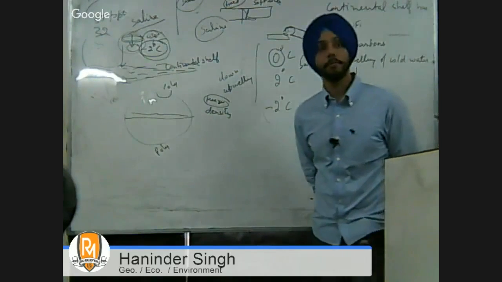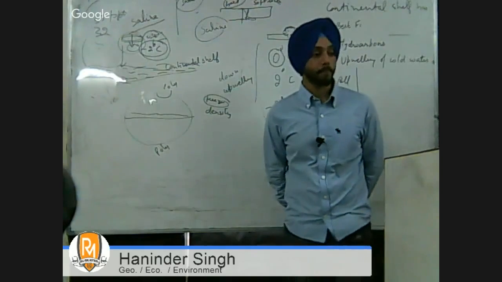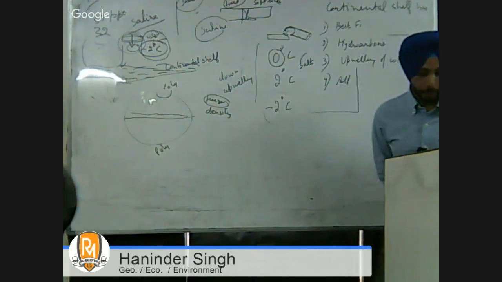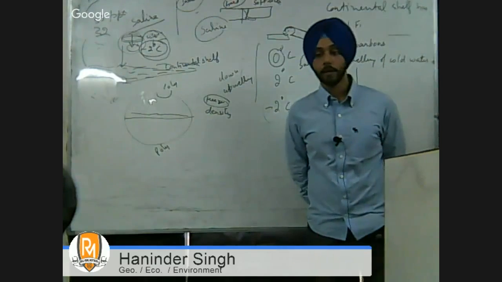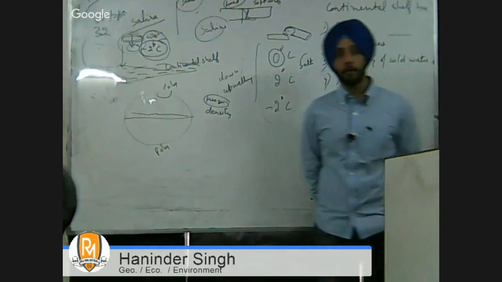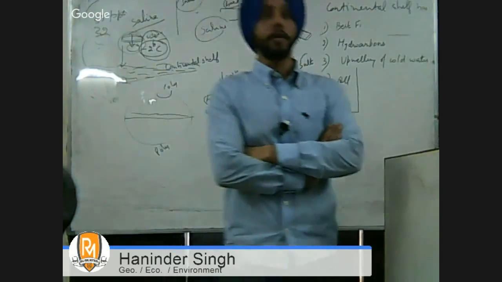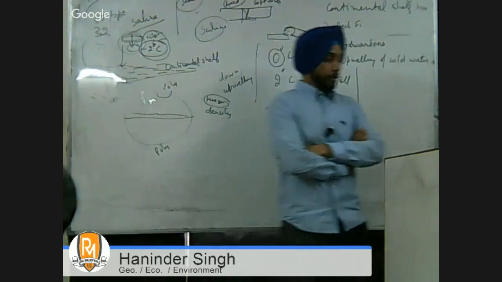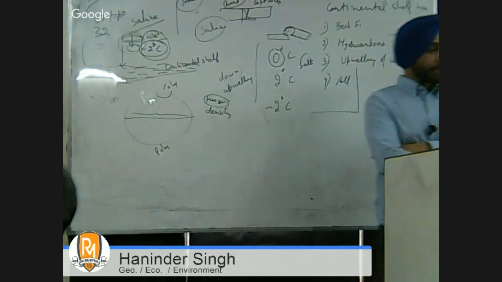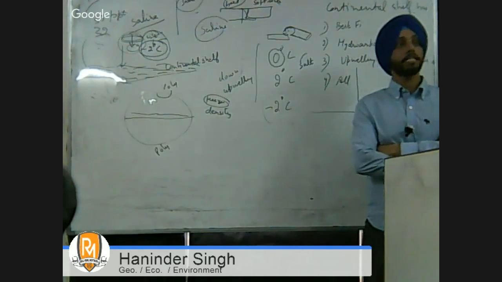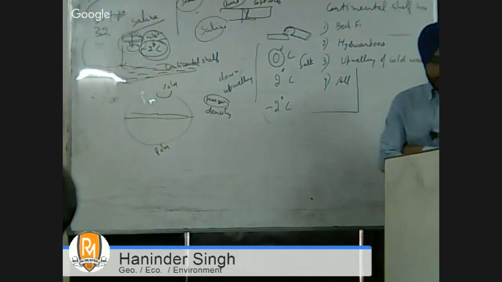Okay, the fourth landform is deep sea plain. This lies at a depth of 3000 to 6000 meters.